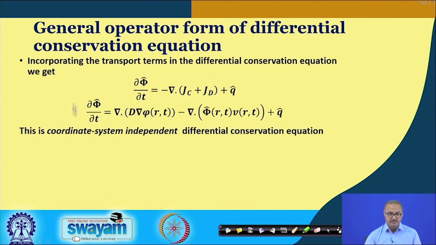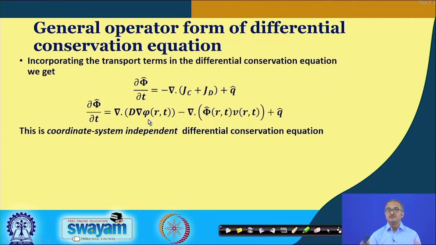Now this particular equation is coordinate independent. It is a general statement without any dependency on the coordinate, and this equation can be modified as per the case. For example, if the diffusivity is constant and not changing, we can take it out of the Nabla operator, and this becomes D Nabla square psi(r,t).